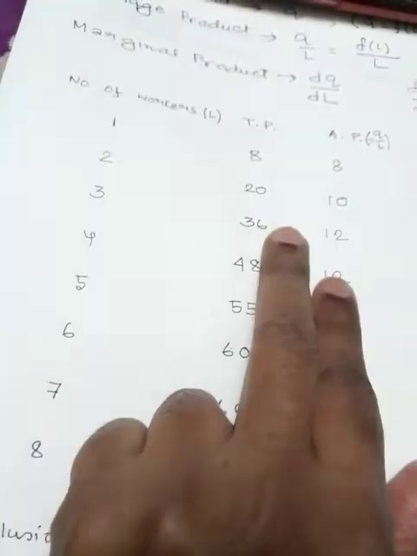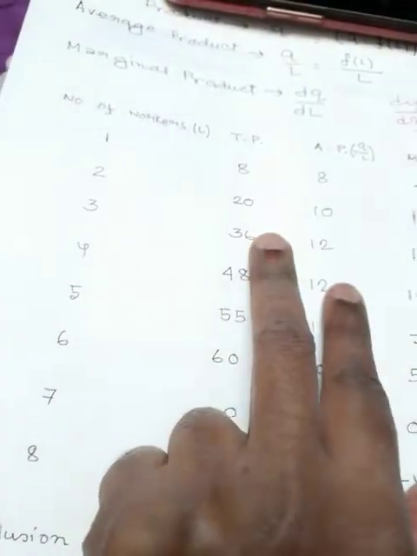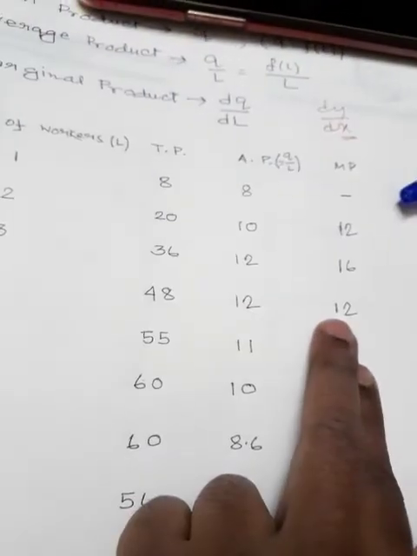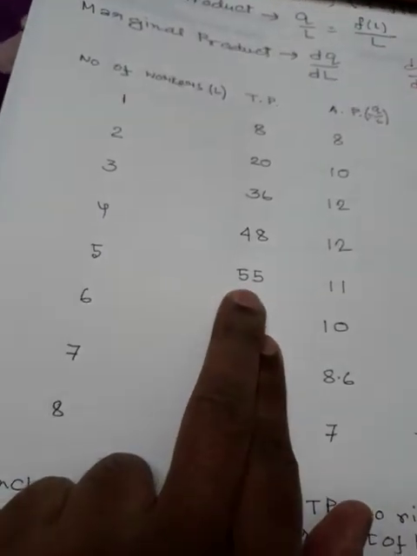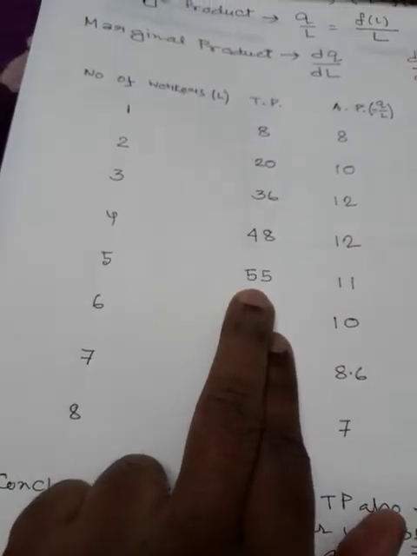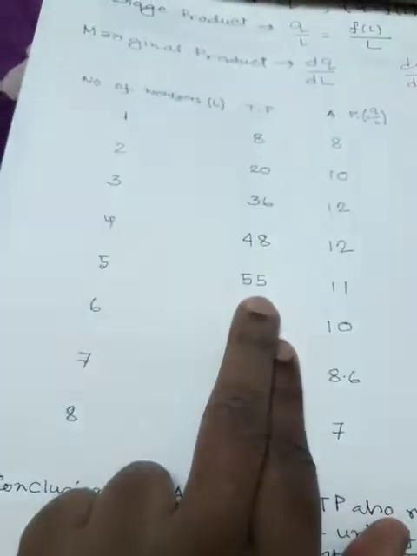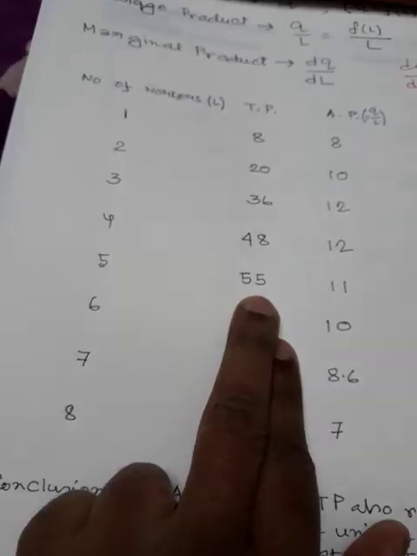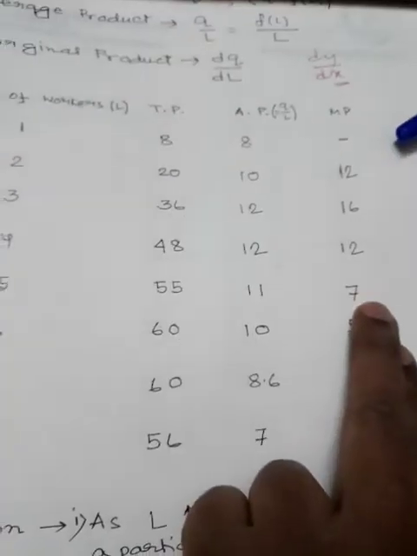For the third one, this is 36, so the increment is 16. So marginal product is 16. For the fourth one, the increment is 12. For a particular increase of labor, the increment is 12. So here marginal product is 12. For the fifth one, 55 minus 48, 7.